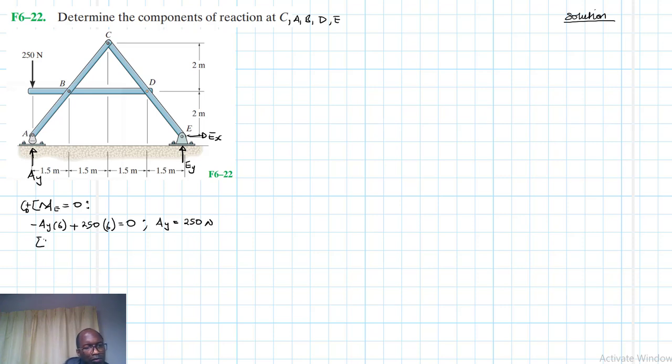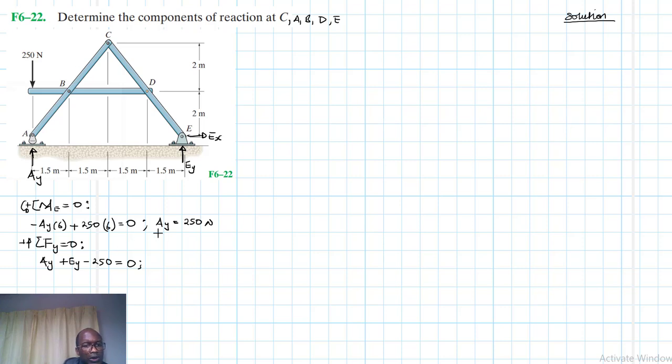And then we have summation of forces in the Y equal to 0, going up in our reference. What do we have? We have AY plus EY minus 250 equal to 0.